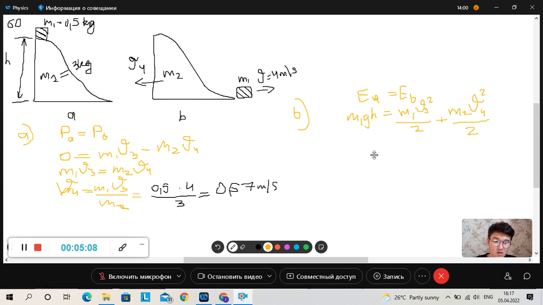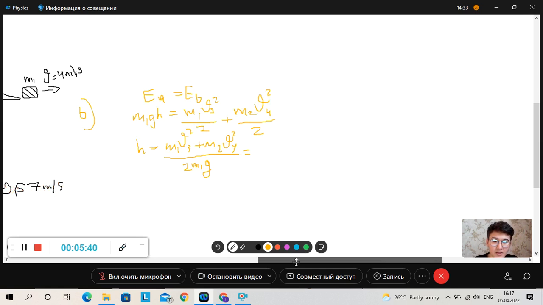We need to find the height. H is equal to m1 v squared plus m2 v4 squared, divided by 2 m1 g.